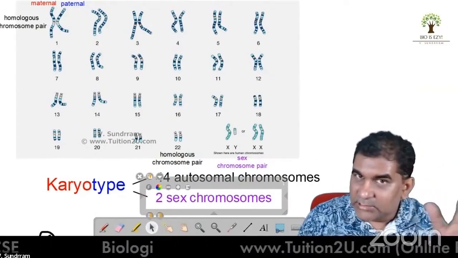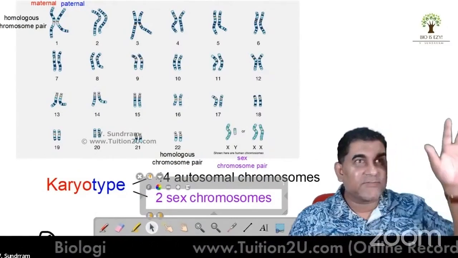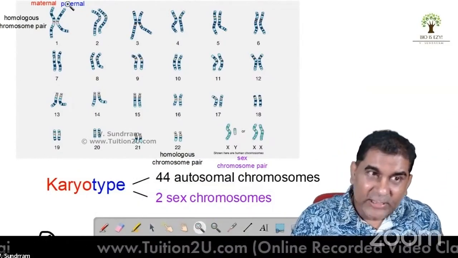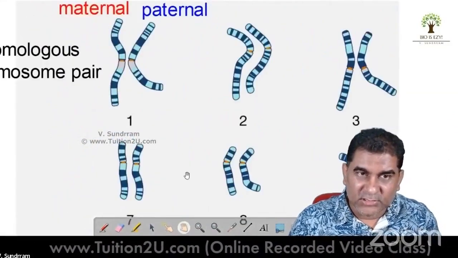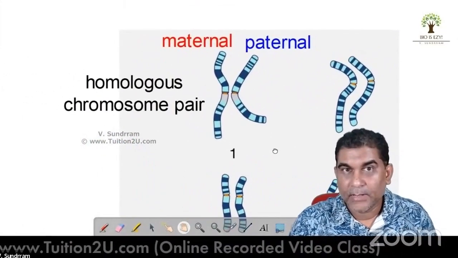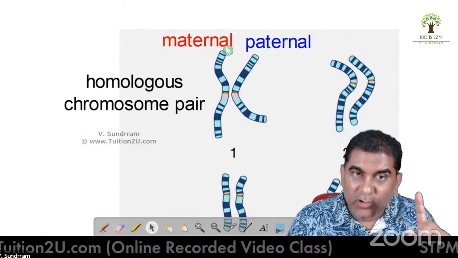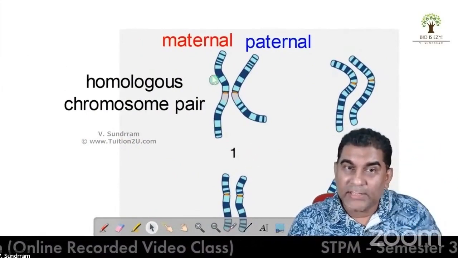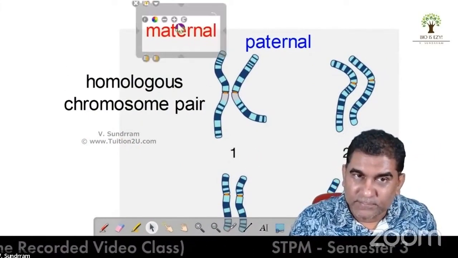When we arrange the chromosomes, we arrange from the longest pair to the shortest pair. Every pair is a homologous chromosome pair. Every homologous chromosome pair, why are there two of the same size? One is a maternal chromosome.